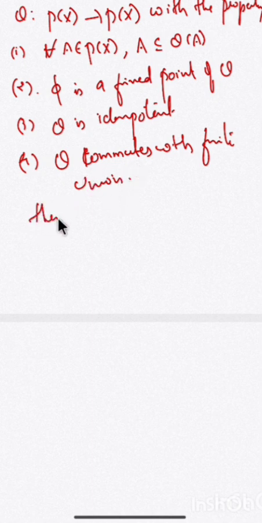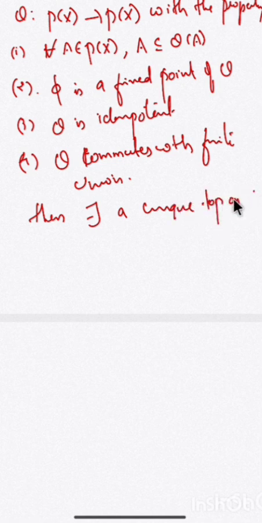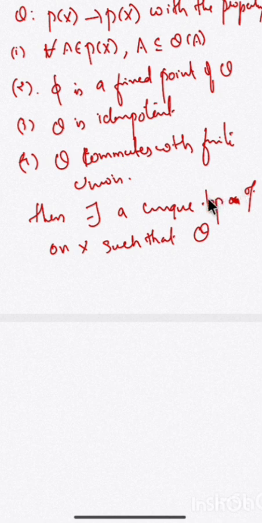Then the theorem says that there exists a unique topology, denoted tau, on X, such that this function theta is nothing but the same as the closure operator corresponding to the topology. Theta coincides with the closure operator.